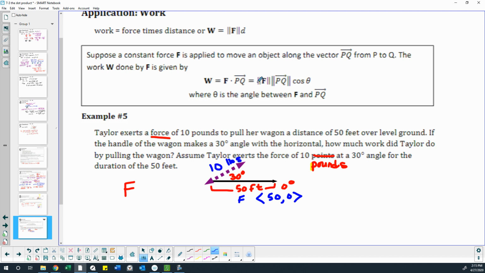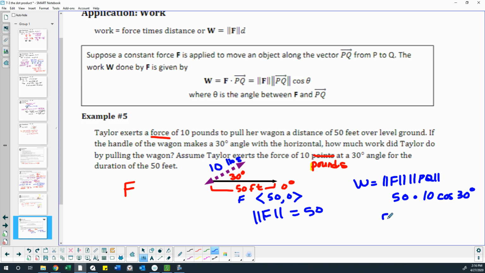At an angle of 30 degrees. So following this formula, we are going to do the magnitude of F. The magnitude of F would just be that 50, because we would do 50 squared plus 0 squared, square root is 50. So that's easy. And then work is going to be our magnitude of F times our magnitude of PQ, which they gave us is 10 pounds. So this is 50 times a 10-pound force at an angle of 30 degrees.